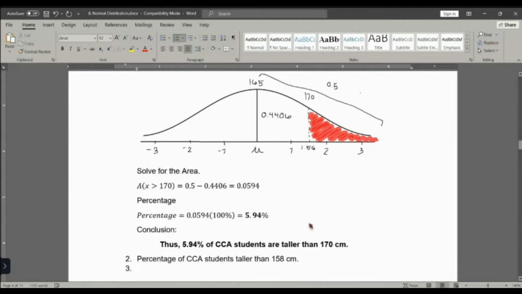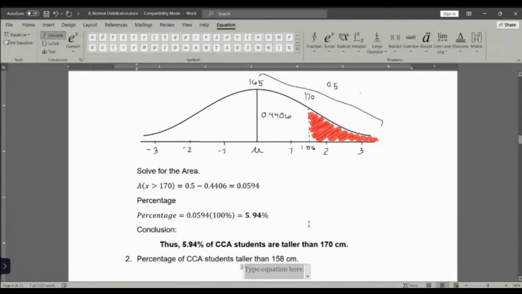Okay, first procedure, again, I need the z-score. The z-score of 158. Anyone? Carry on. Negative 2.19 po. Negative 2.19.